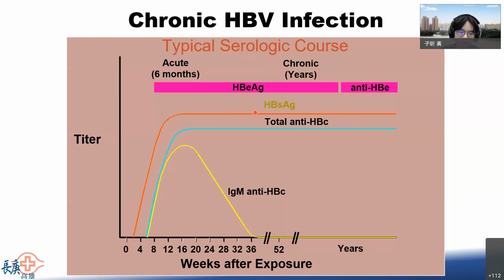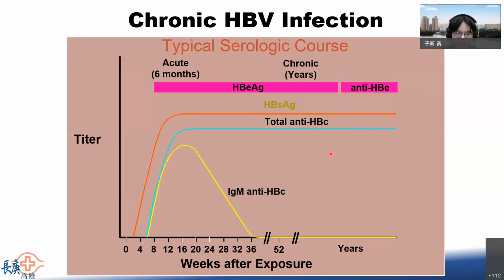Here you can see for chronic infection, HBs antigen rises, indicating the virus is replicating as well, and HBe antigen remains positive. And after years, maybe your immune system is able to shut it down a bit so that HBe antigen will turn negative and anti-HBe antibody will come out. But the HBs antigen remains positive as long as the patient is chronically infected.